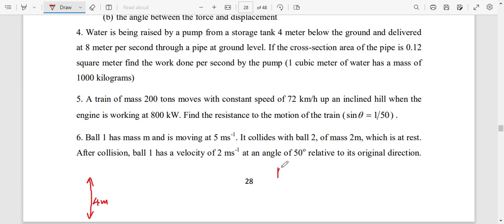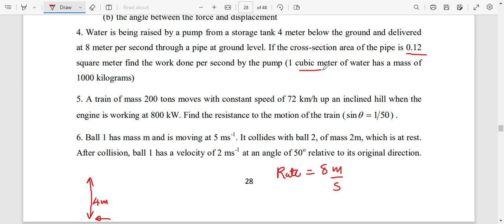So the rate of delivery for the water is 8 meters per second through a pipe at ground level. So I mean that it is just at the bottom here. If the cross section area of the pipe is 0.12 square meters, that is the area. Okay. Find the work done per second by the pump.